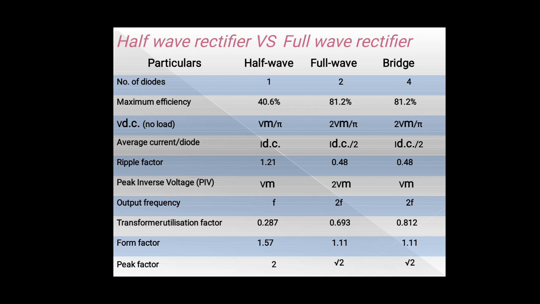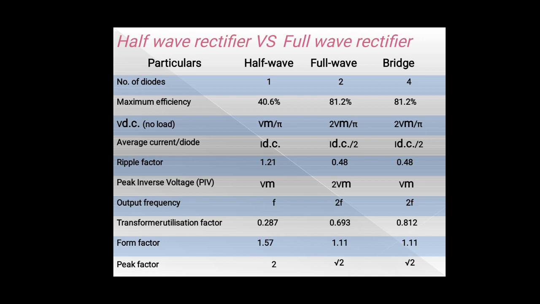What is the DC voltage, the no load output? Vm upon pi, 2 Vm upon pi and 2 Vm upon pi. What is the average current per diode? DC current, then DC current by 2 and by 2.